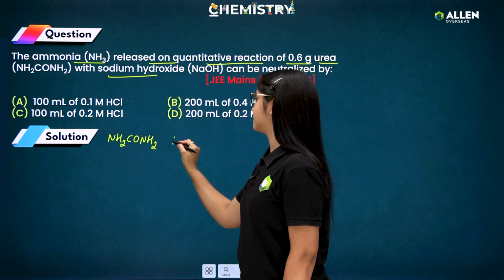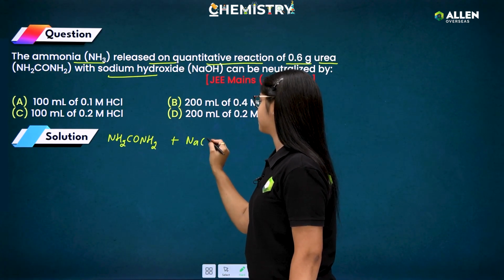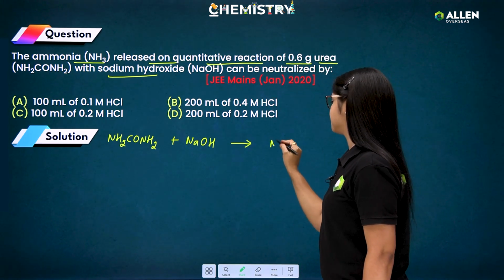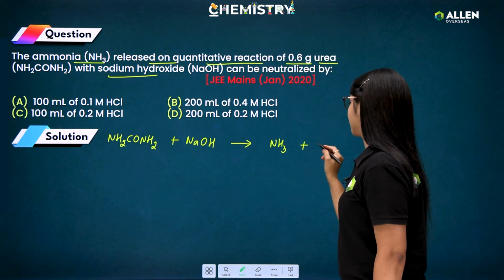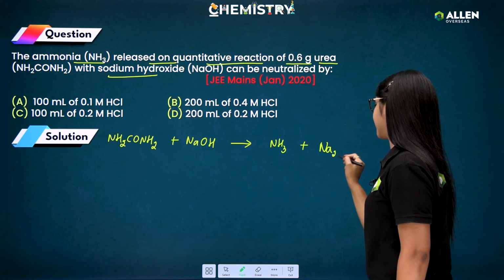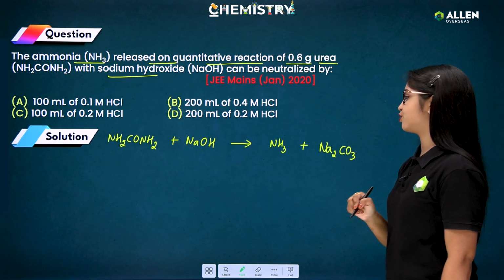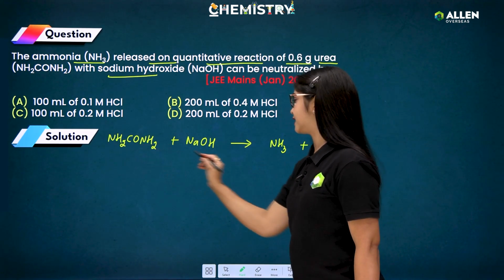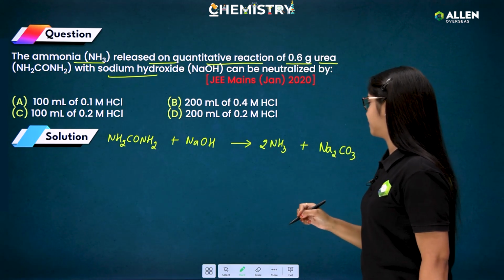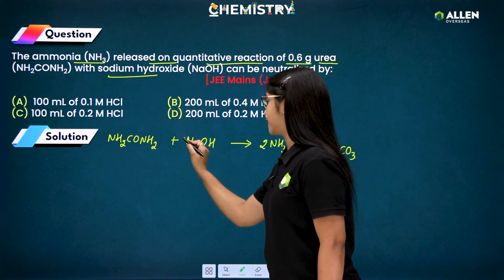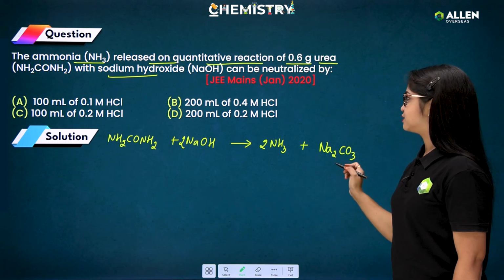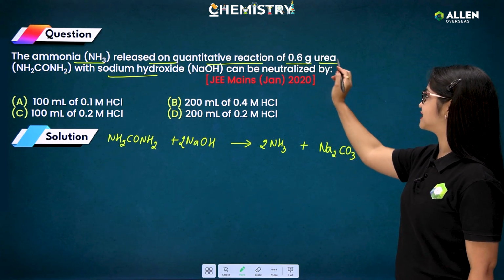Urea is reacting with NaOH and it will form ammonia, NH3, plus sodium carbonate, Na2CO3. These are the products of this reaction and we have to balance it. Here you have 2 NH2, so 2 ammonia will be formed, and Na2CO3, so 2 NaOH. Now this reaction is balanced. Okay, fine. We have 0.6 gram of urea.